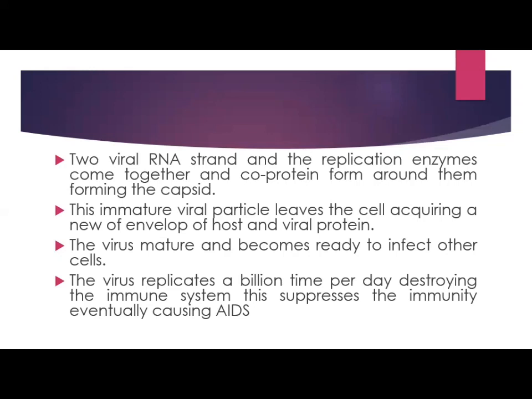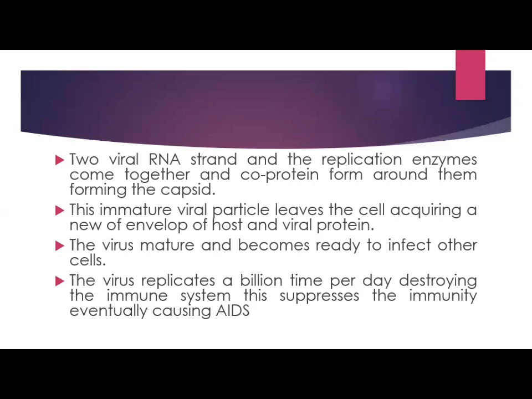As they have now destroyed this CD4 cell, that is the body cell, it will cause the two viral RNA and this replication enzyme and all these other things to come together and form a capsid, a protective layer outside the virus that will be able to go outside there and attack new cells. So this immature viral particle leaves the cell acquiring a new envelope of the host and viral proteins.